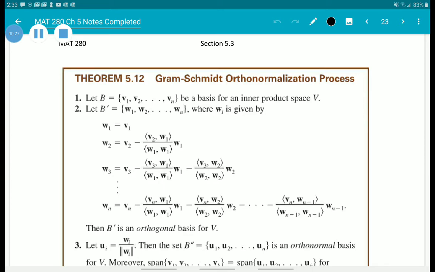And we said that we could take a vector and project it onto another vector and then find a decomposition where one vector is parallel and one vector is orthogonal to the vectors.